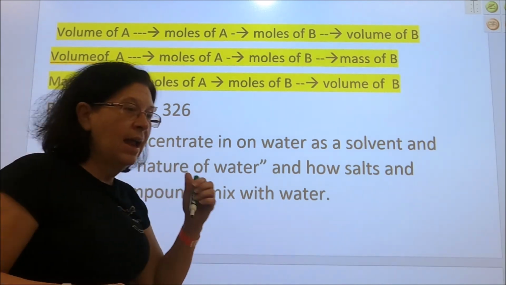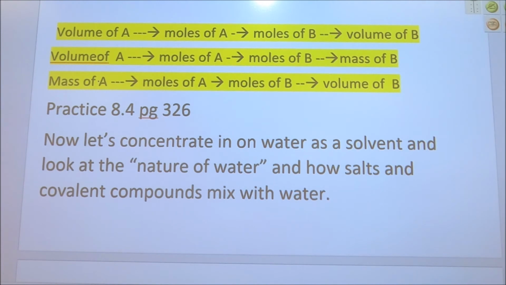So we're going to look at a practice problem, and then we'll be done with stoichiometry. We're going to look at problem 8.4, on page 325 in your textbook, and let's figure out which pattern we're going to be working from.